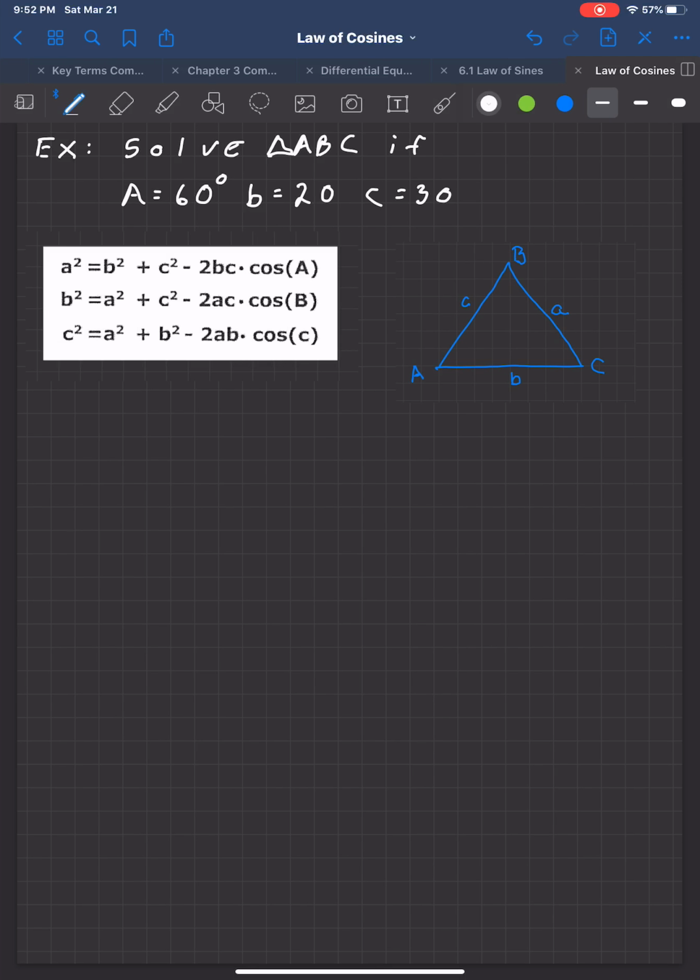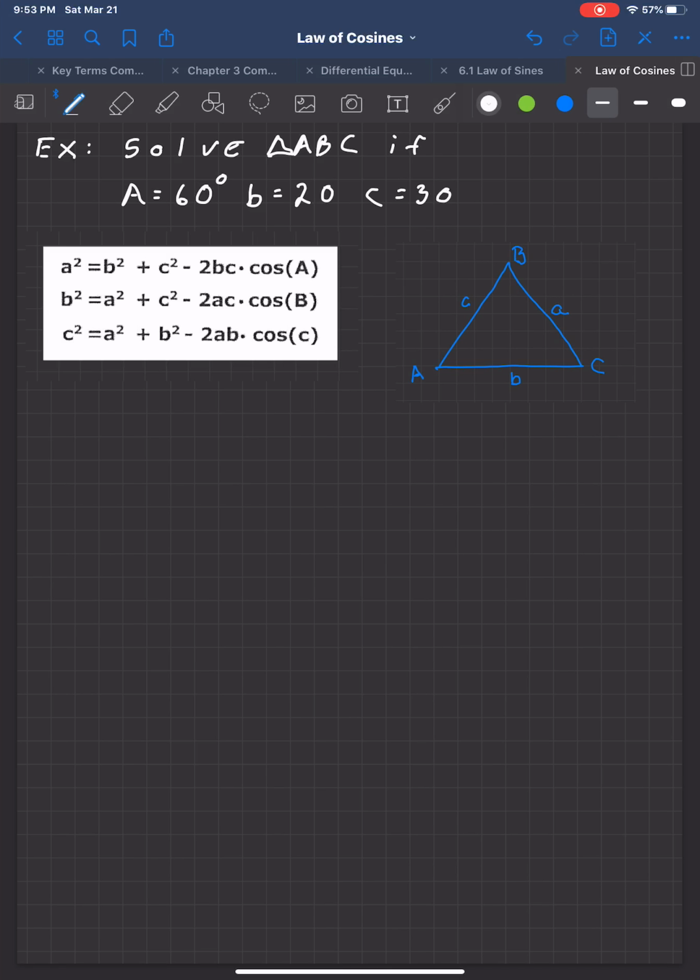If you come see me during office hours, the proof of how to get to the law of cosines using distance formulas is fairly easy. But I'm not going to go into that right now. What I want to do is jump in and let's start using the law of cosines.